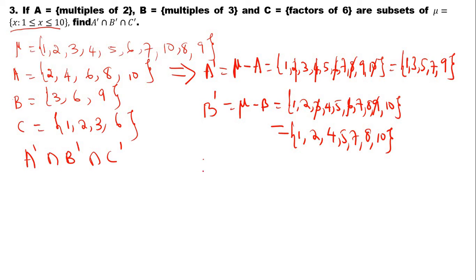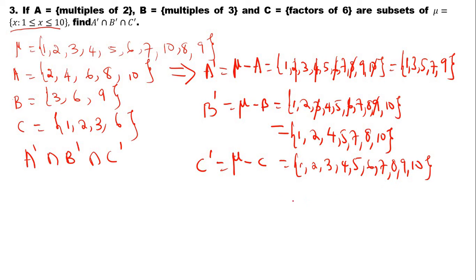Then for C prime, which will be the universal set minus C, we'll have 1, 2, 3, 4, 5, 6, 7, 8, 9, 10. And this will be taking off 1, 2, 3, 6. So we have remaining 4, 5, 7, 8, 9, 10.